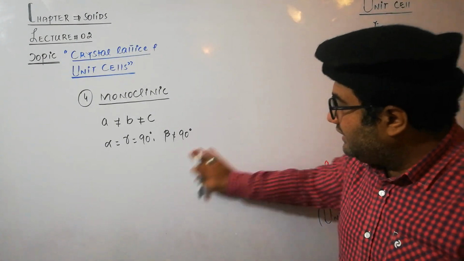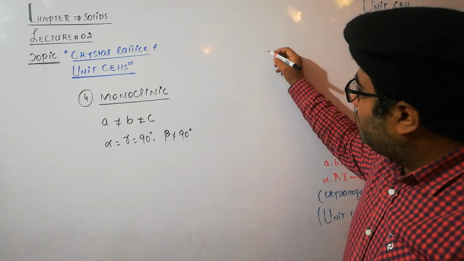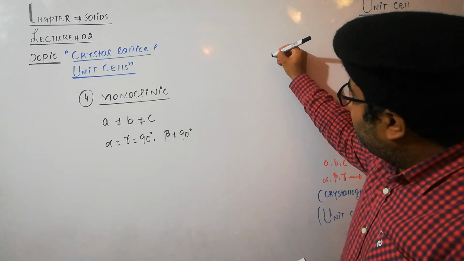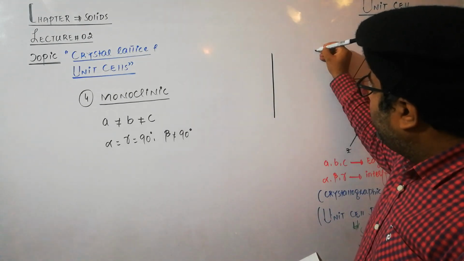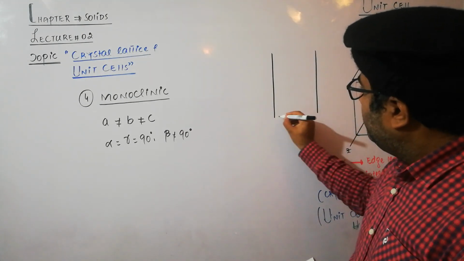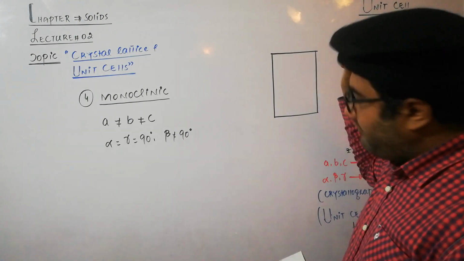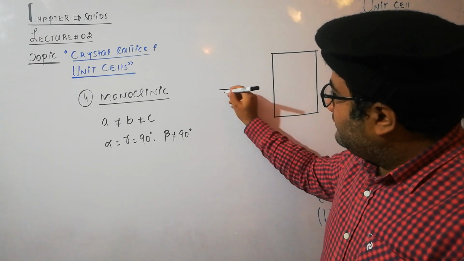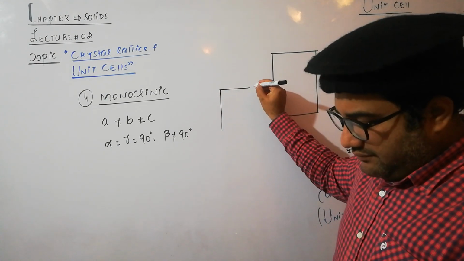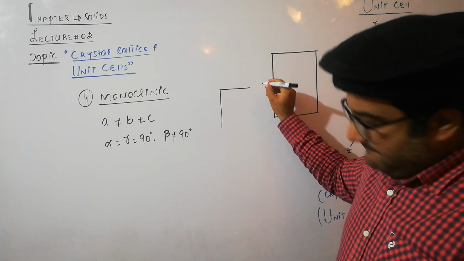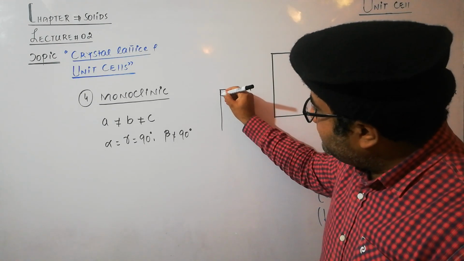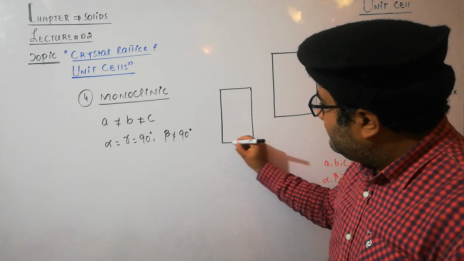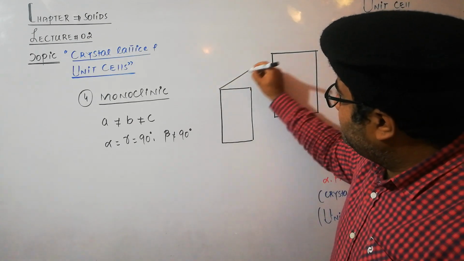Now listen very carefully and watch how to draw this monoclinic type. So first of all, again make a rectangle, and then make another rectangle outside this rectangle like this, and match these two.